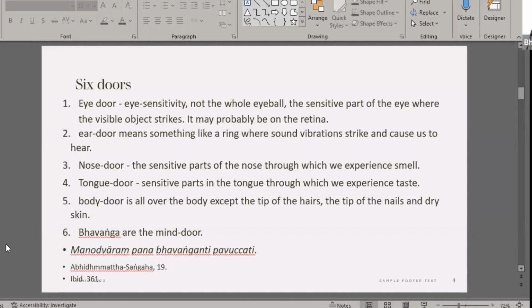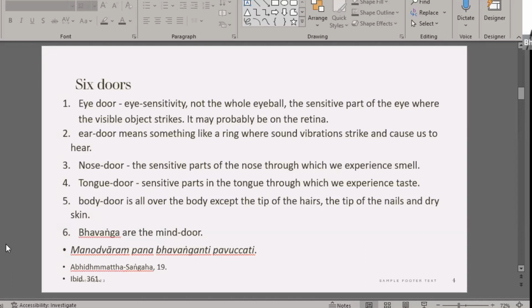Then ear door means, I don't know the English term, but when we see the anatomy of the ear, we can see there is like a ring inside. It is sensitive to vibrations.